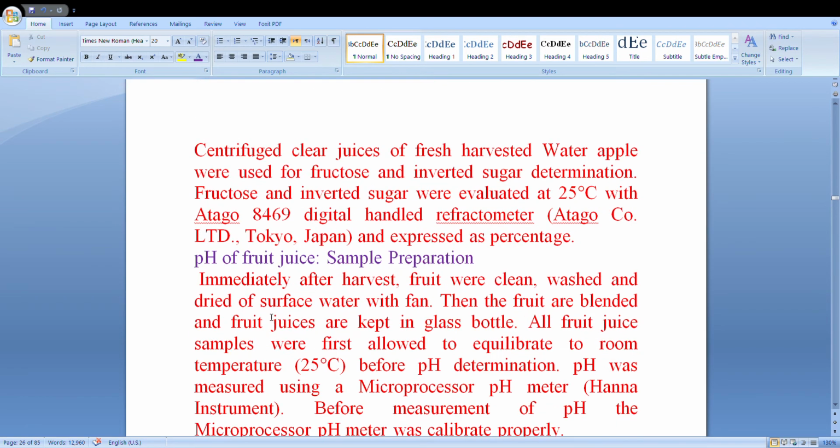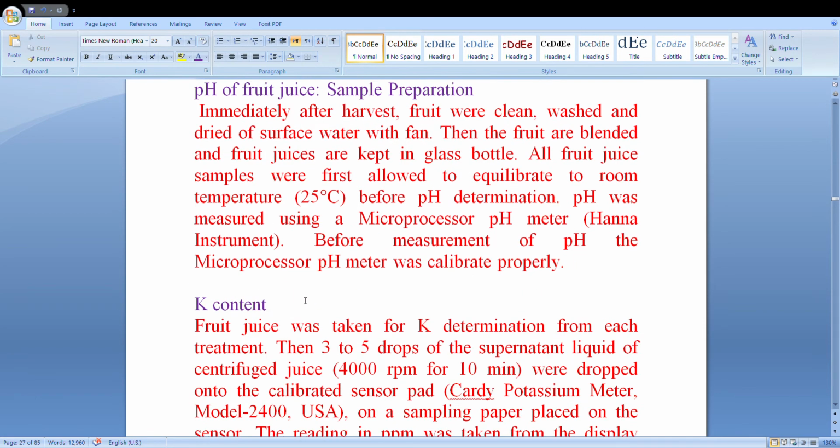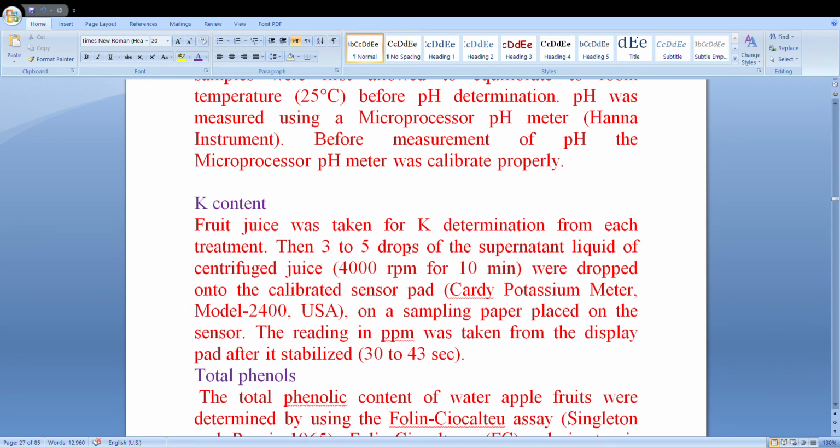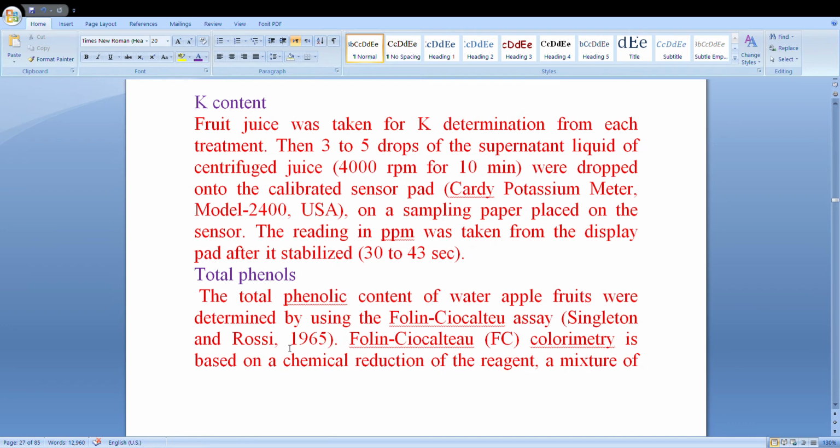Then pH determination of the juice, and potassium content determination by the potassium meter. It's called a potassium meter. And total phenol content of water apple was determined using the Folin assay.